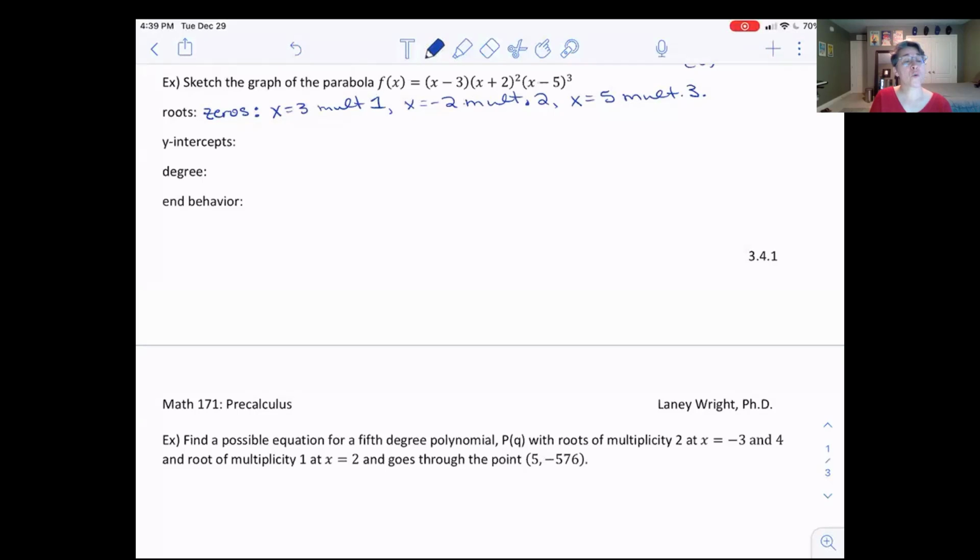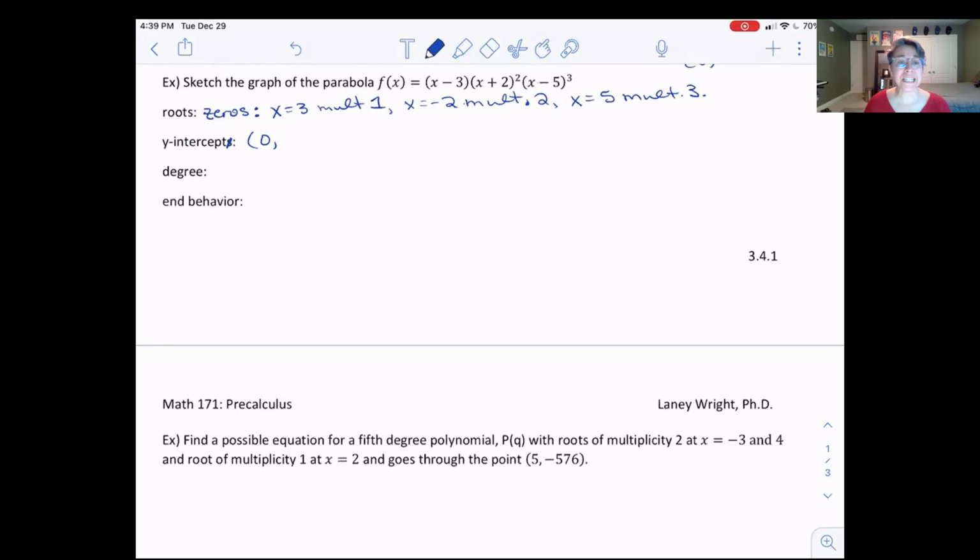We also want to know the y-intercepts. And I know it says plural there, but really, if it's a function, we're only going to have one intercept, right? So a y-intercept, that means our x is 0.